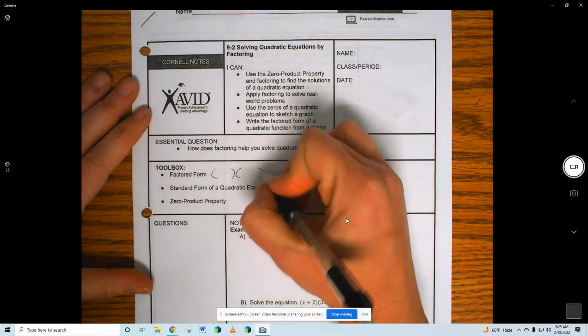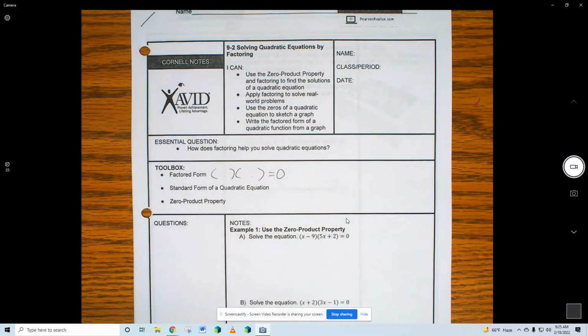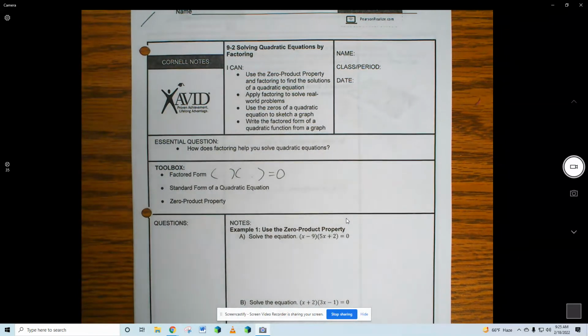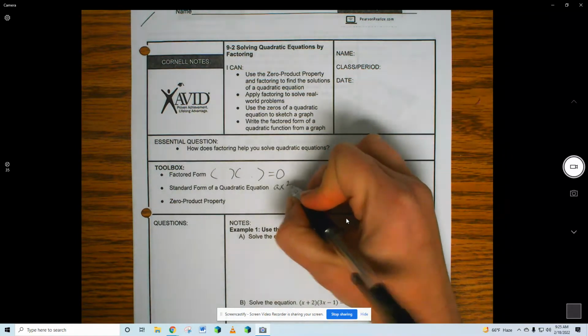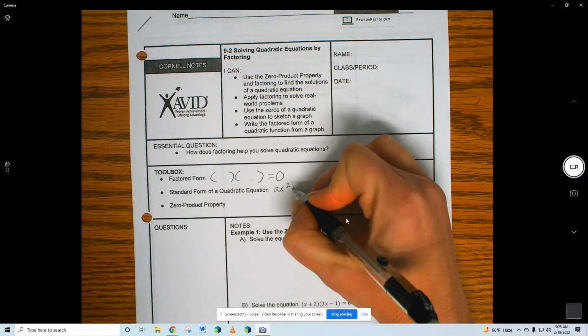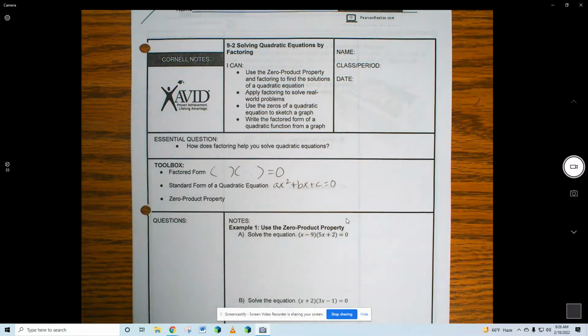So here's vocab. Okay, the numbers could be whatever. A standard form is it's actually multiplied out. Ax squared plus bx plus c. That's standard form.